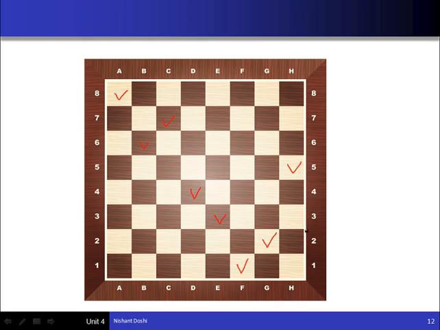Now in this approach we only have to generate all the permutations, and if we have a total of n queens, then for numbers 1 to n, we have n factorial permutations and we only have to check those n factorial permutations. So compared to our initial naive backtracking approach, this backtracking approach is much faster.